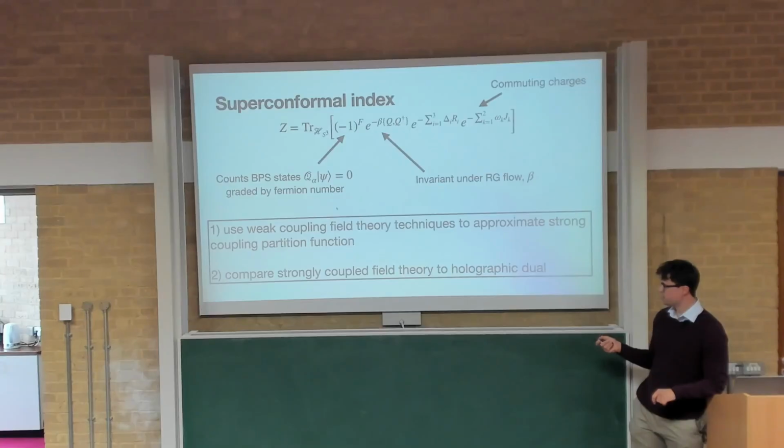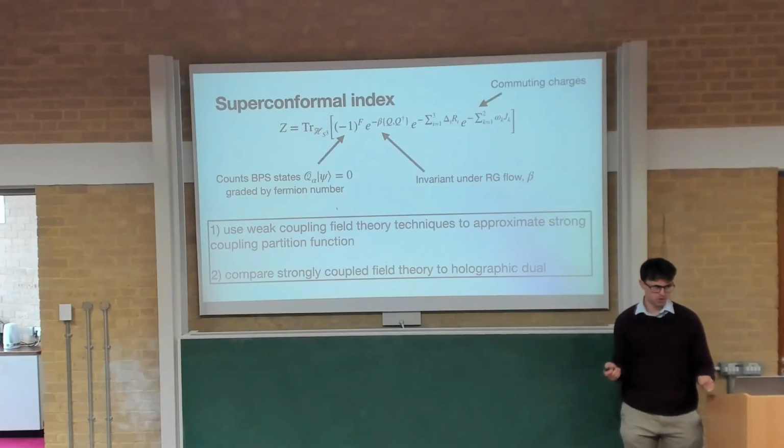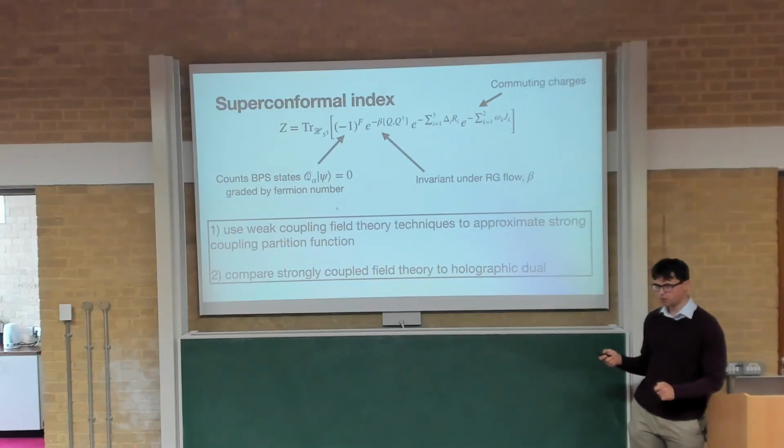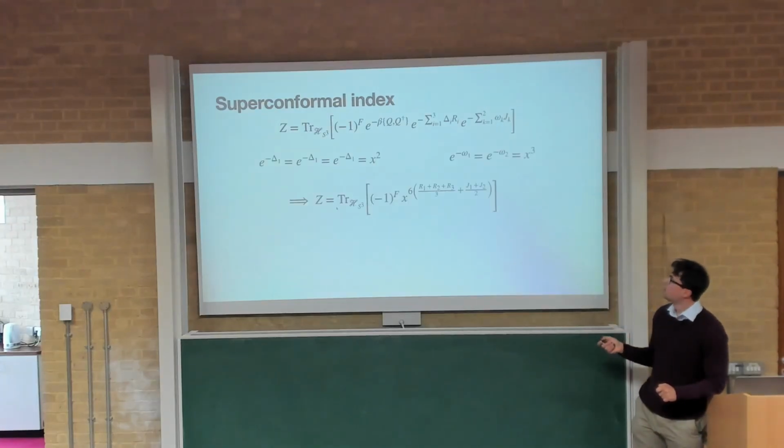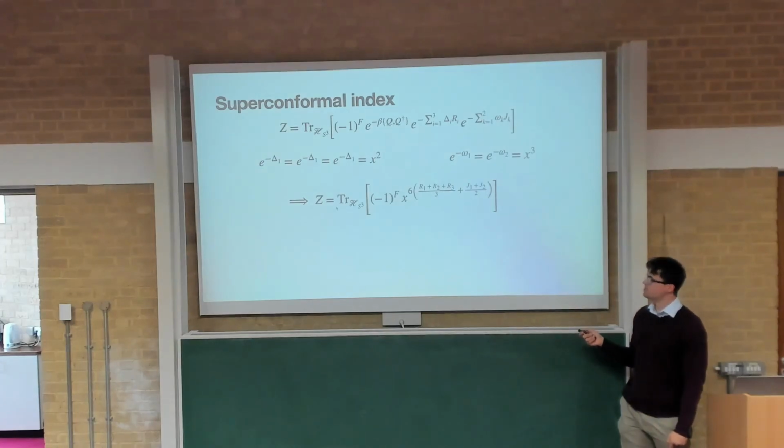So this will be our strategy, to use weak coupling techniques to approximate the strongly coupled partition function, and then we can compare the strongly coupled field theory results to the holographic dual, and then try and align them with the BPS black hole phase diagram. But first, I'll make a simplification.